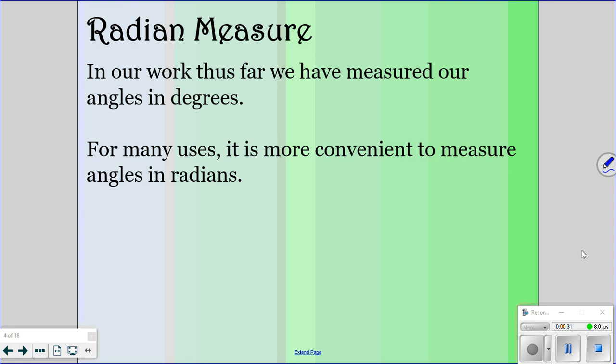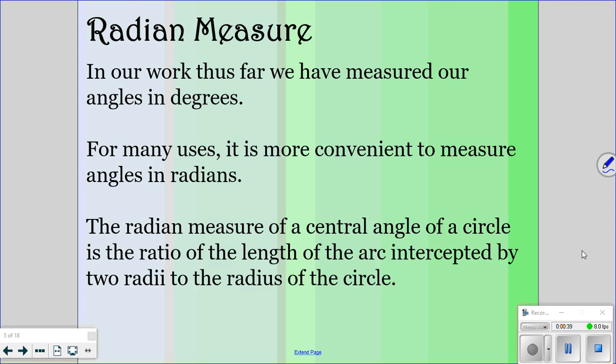For many uses, it's going to be more convenient to measure angles in radians. So those of you that haven't heard of radians before, it's just another way to measure an angle. A radian is defined by the measure of a central angle of a circle, and it's going to be the ratio of the length of the arc intercepted by 2 radii to the radius of the circle.